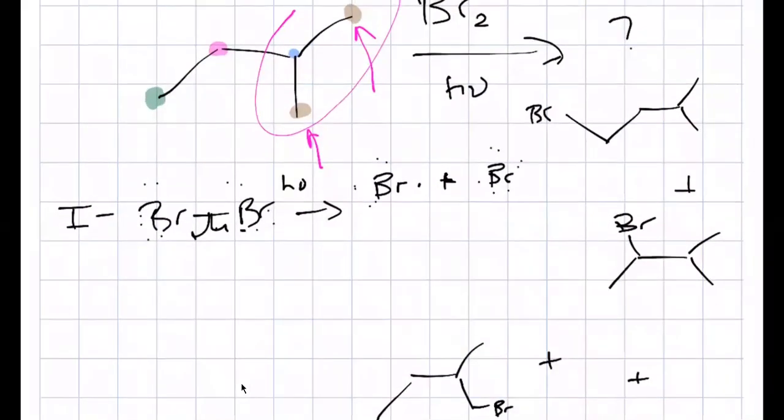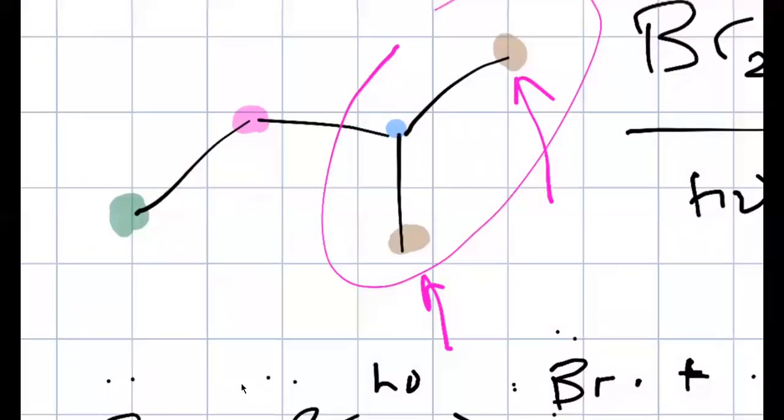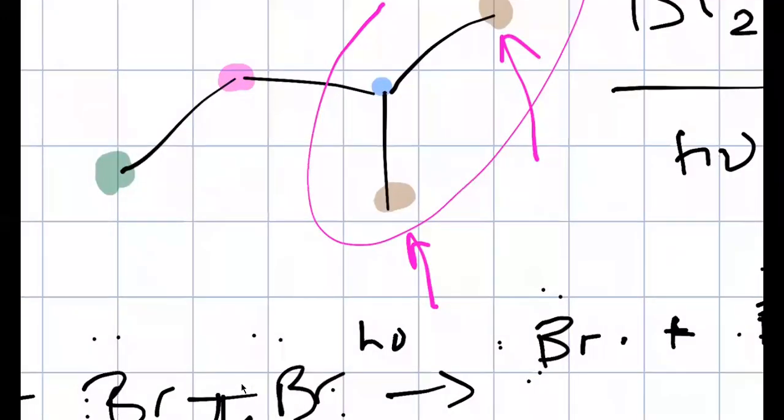So every one of these carbons, I'm gonna zoom in because I'm gonna write these hydrogens in, right? This is a CH3, right? This is a CH2.